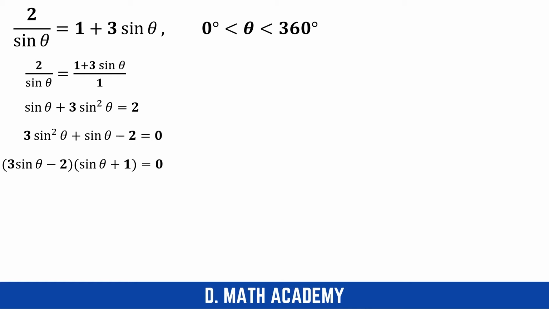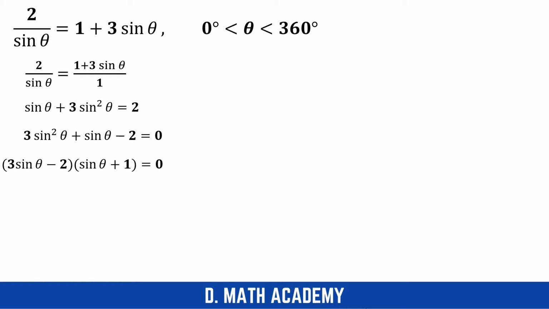So you can actually understand better by swapping out the x into something else first, then later on substitute it back. For me, I won't be doing that because some of you might find it confusing, but it is an option for you. So after the factorization, you should get 3 sine theta minus 2 multiply with sine theta plus 1. And this will be equals to 0.